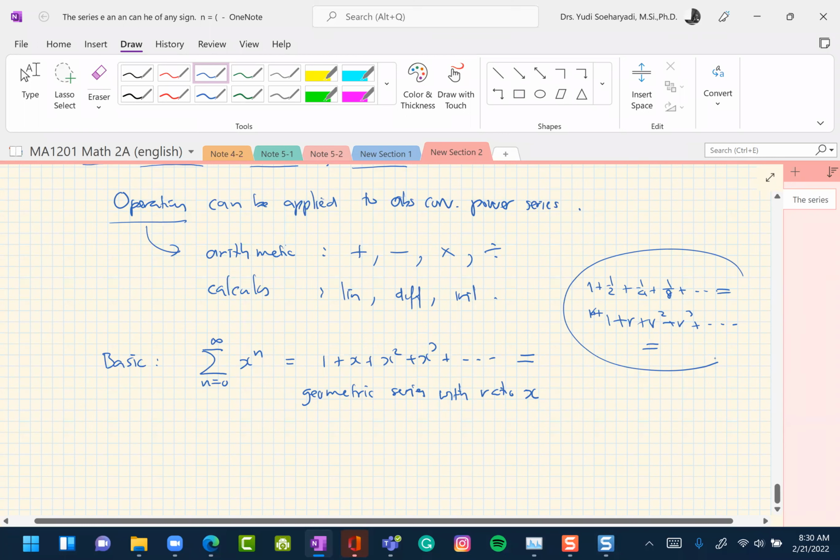Is it infinite, sir? Nope. Why is it infinite? By the formula, this is a geometric series, so the limit would be 1 over 1 minus r.